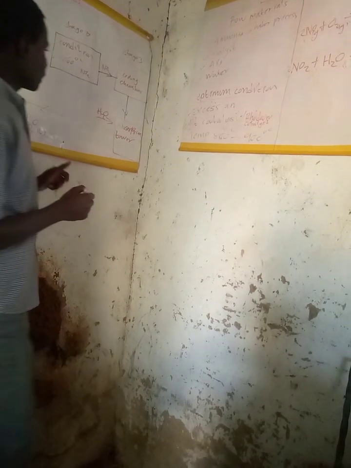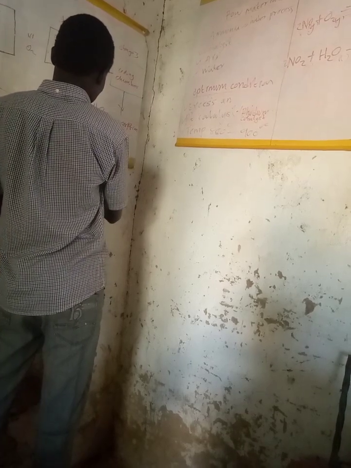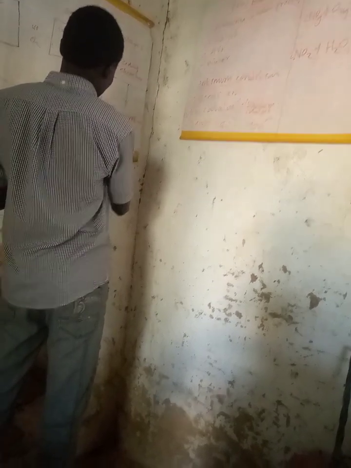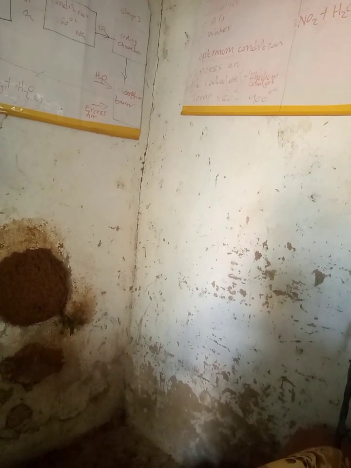then excess air is also added. So the excess air added oxidizes the nitrous acid to nitric 5 acid.